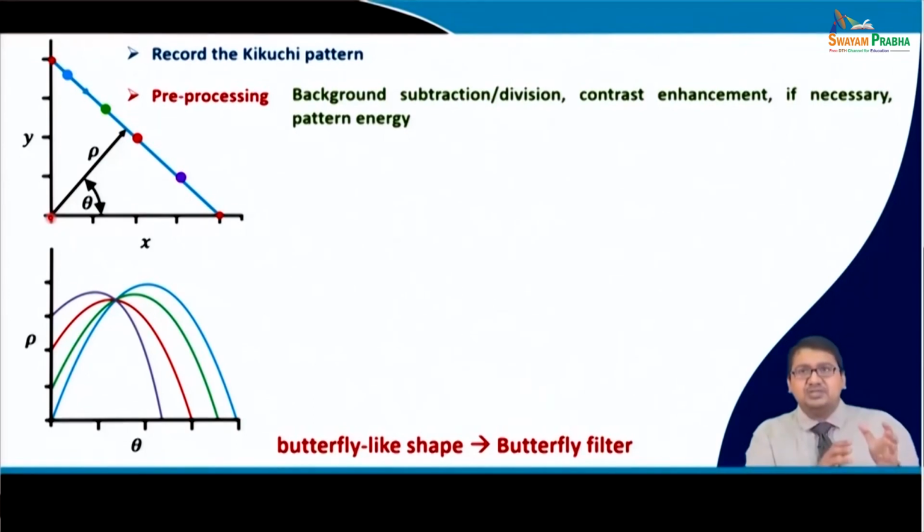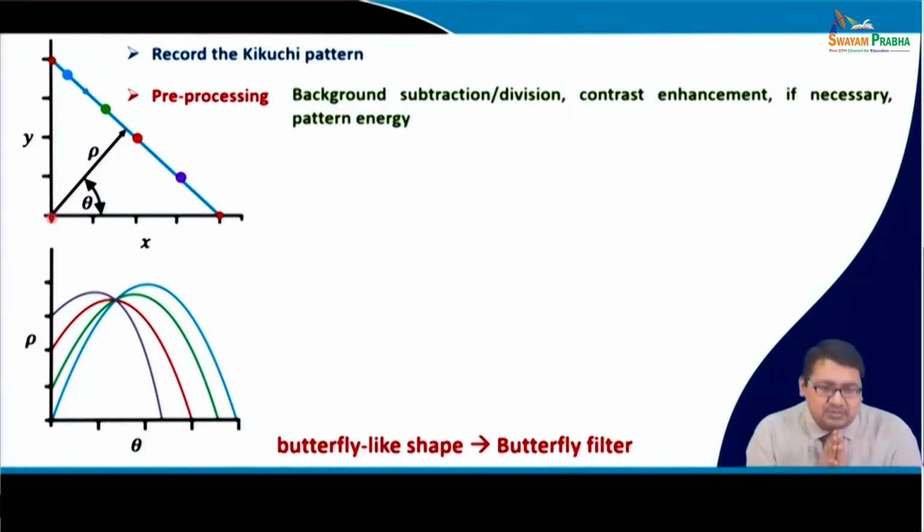How is the origin defined? The origin is basically the center of the pattern: initially a rectangular pattern is taken on the phosphor screen, and then it is converted into a circular pattern. So, only that circular area is taken, and the center of that circular area can be considered as the origin, and from that origin one can calculate rho theta with respect to each band, right.